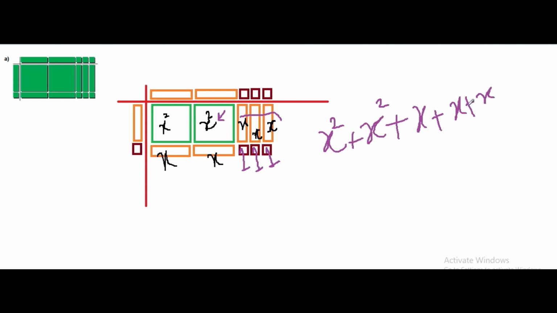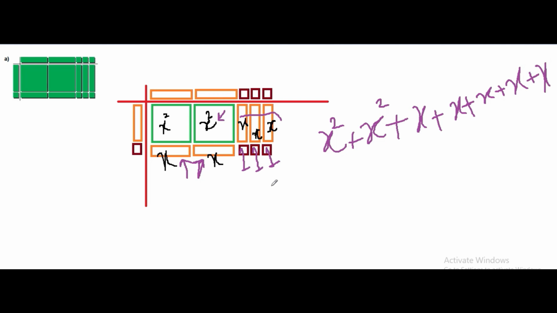We also have 2x underneath these two big squares, so I add x and x again.